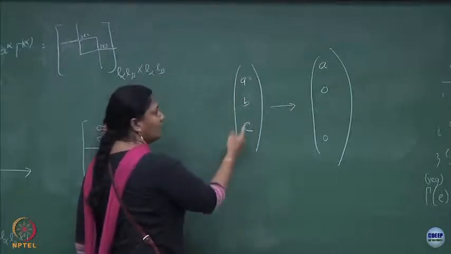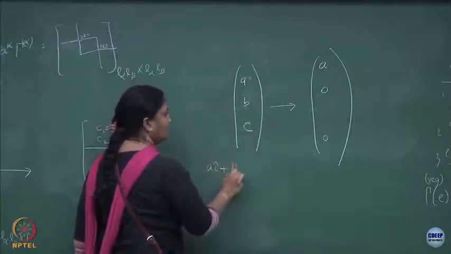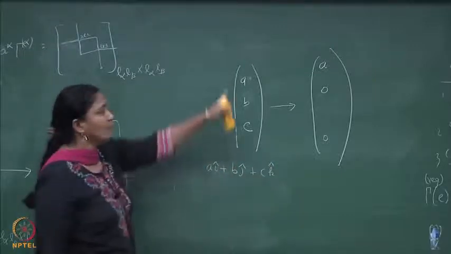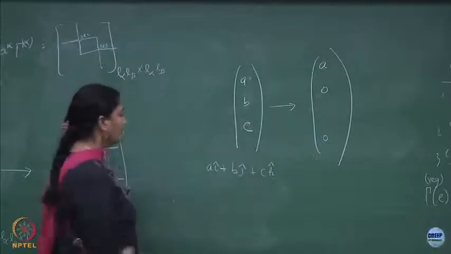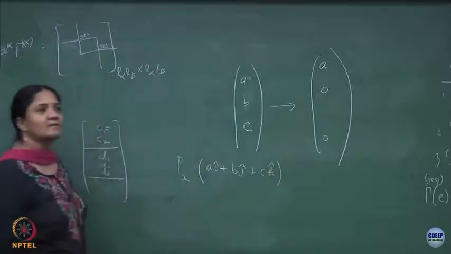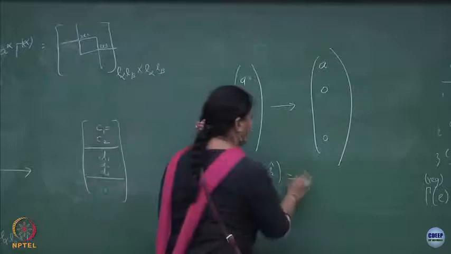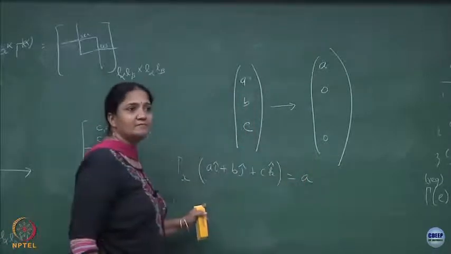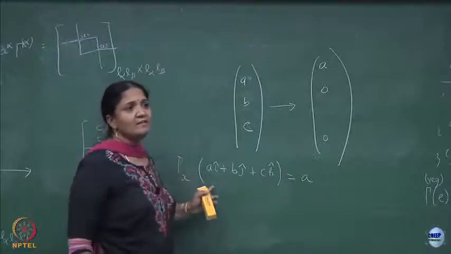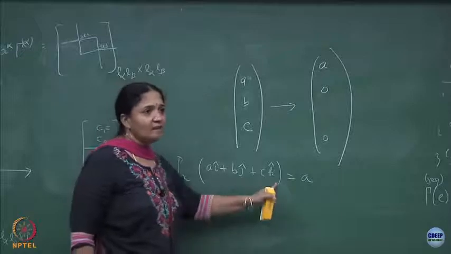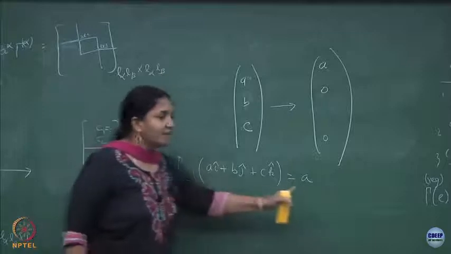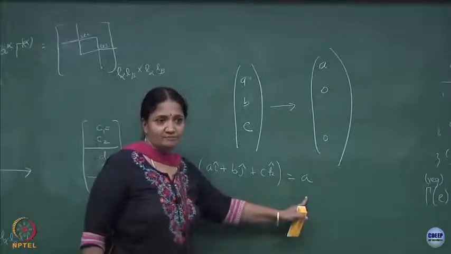It has a component A along i hat, B along j hat and C along k hat. This is the meaning of writing it in this column. And if I want to find the projection operator along x, what is the answer you will get? You have to get A. The projection operator is basically a dot product; i dot j will be 0, i dot k is 0. So, you will get the projection along the x direction giving you the component A.